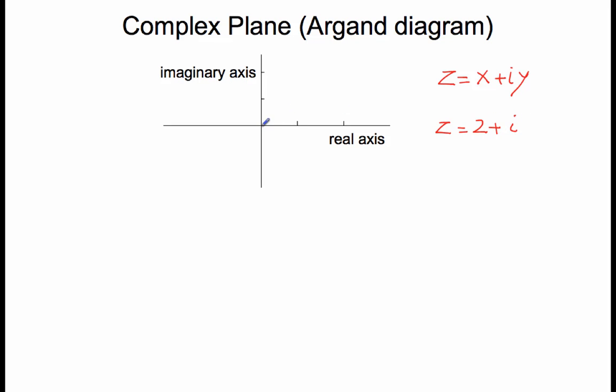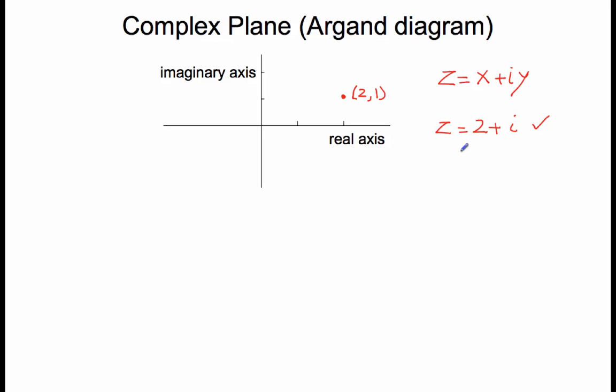Well, that would mean that we would go 2 units along the x-axis and 1 unit along the y-axis, and this would be the complex number (2, 1). That is to say, the imaginary part is 1, the real part is 2, and this is this number.